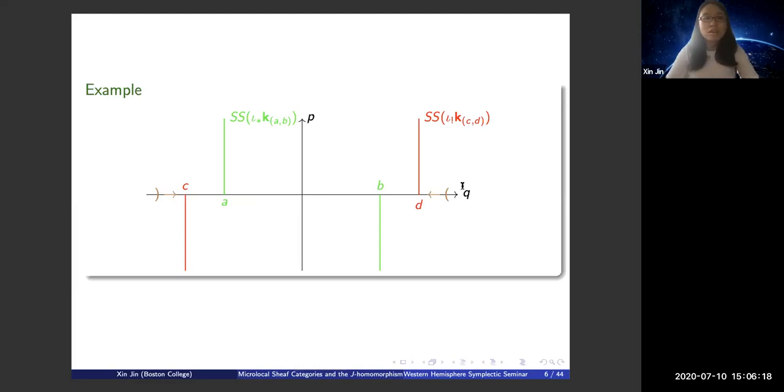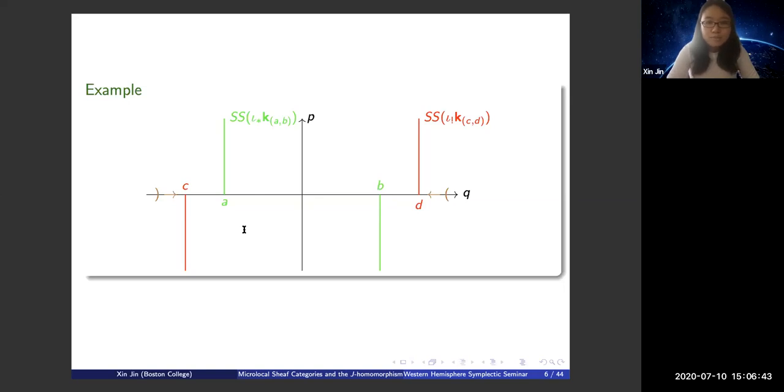So just to show a very simple example and give you some sense of what the singular support looks like and how it's defined. In this picture, I'm drawing the phase space T*R. This is q, this is p, where p indexes some multiple of dq.